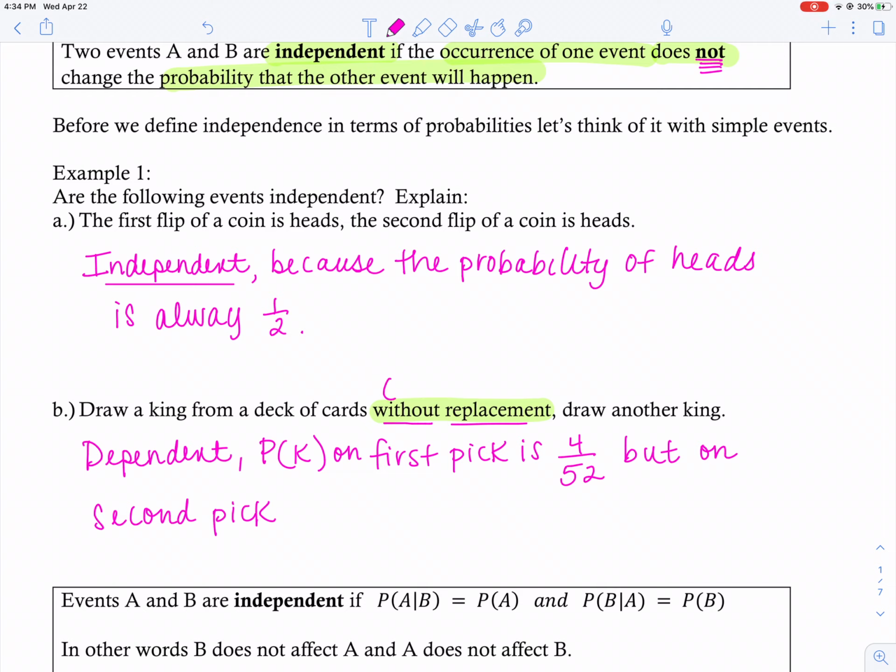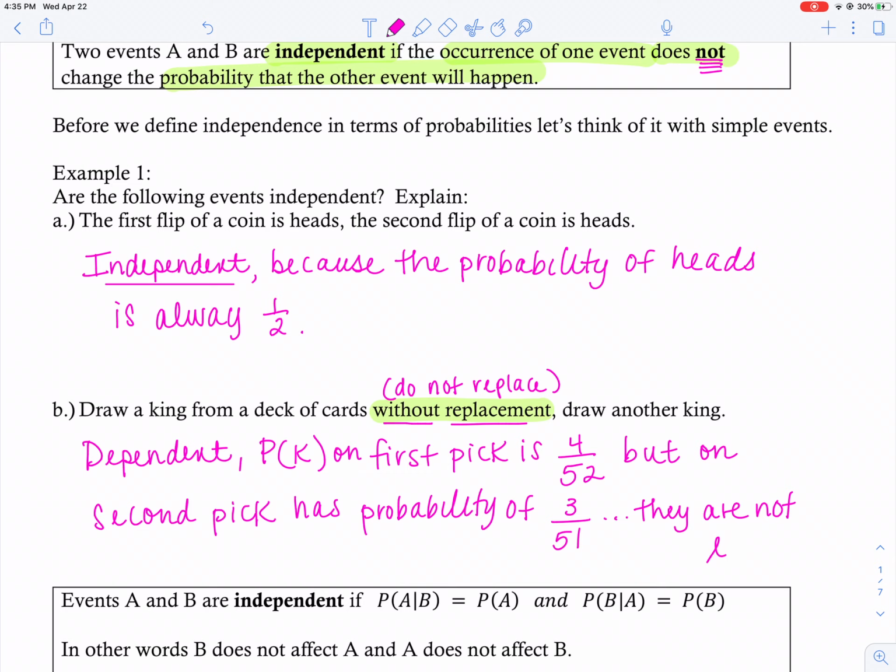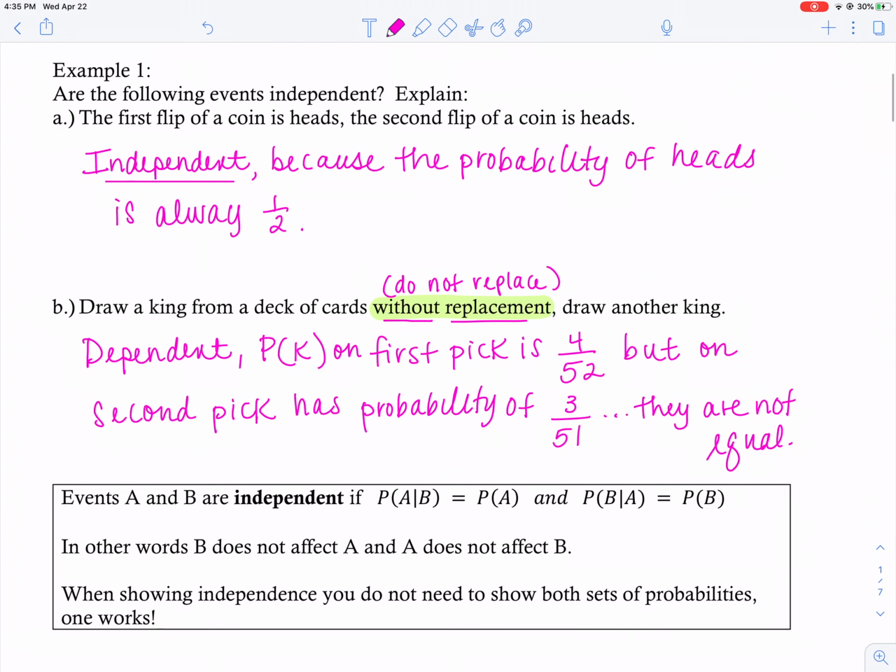The second pick has a probability of 3 out of 51. They are not equal, meaning they are dependent.